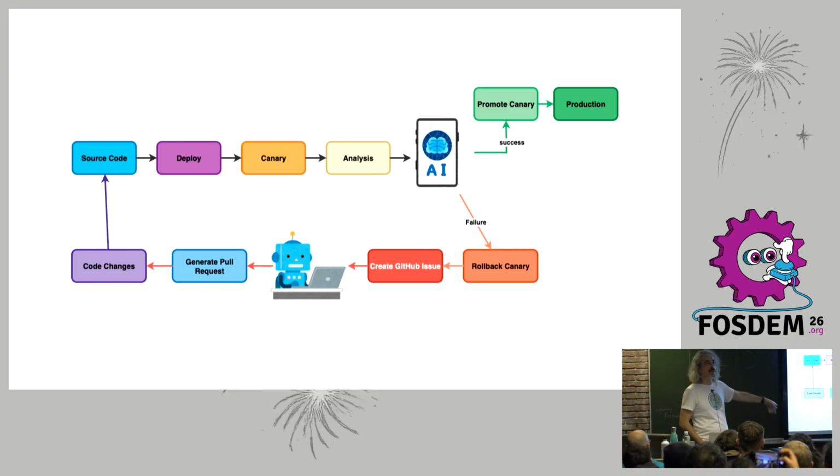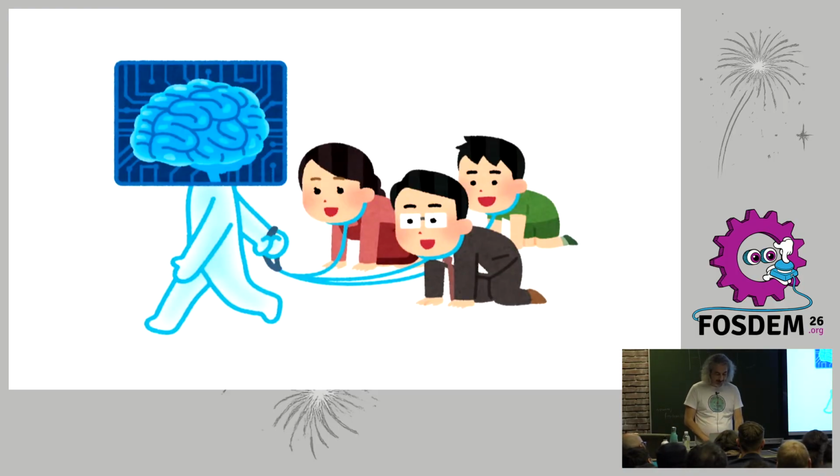Or you could say automatically merge it, and then you get the full loop, absolutely automated. And this works fine 100% of the time. So, yeah, that's what we're going to end up doing.